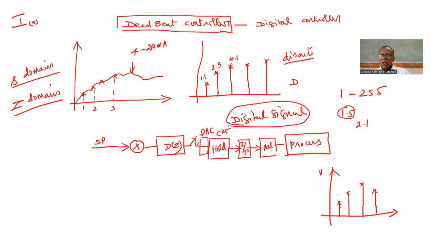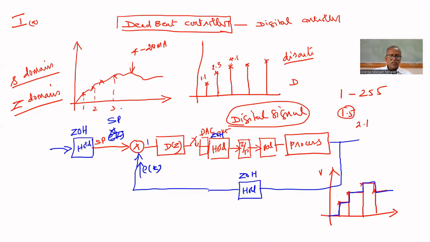To convert this into analog, you have to hold this value up to the next sample. You have to hold this signal up to the next sample. So now you get a continuous signal like this. The hold circuit holds the previous value until the next sampling period.